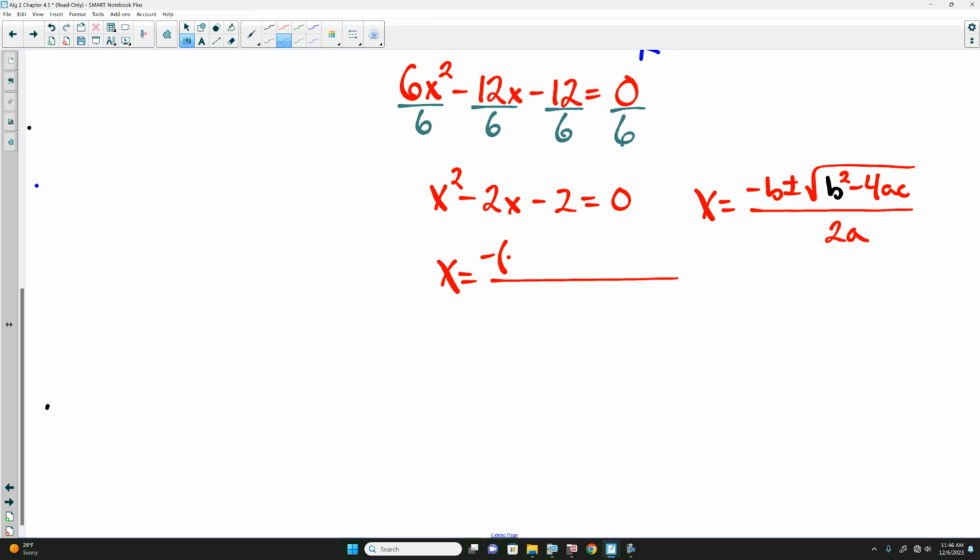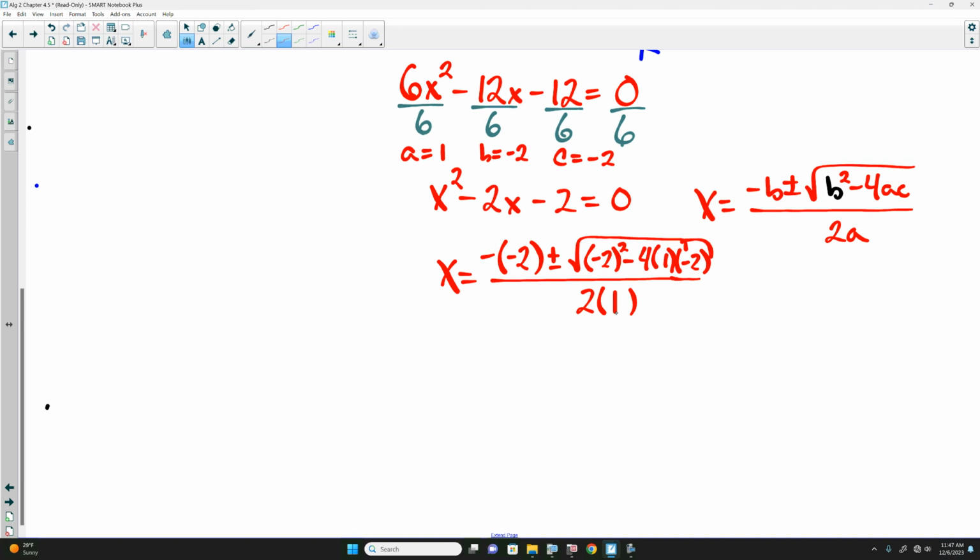Negative b, well, our b value in this case is negative 2. A is the number in front of x squared, so it's 1, and c is negative 2. So we have negative negative 2 plus or minus the square root of negative 2 squared, our b squared, minus 4 times a, well, a is 1, times c is negative 2, all over 2 times a.